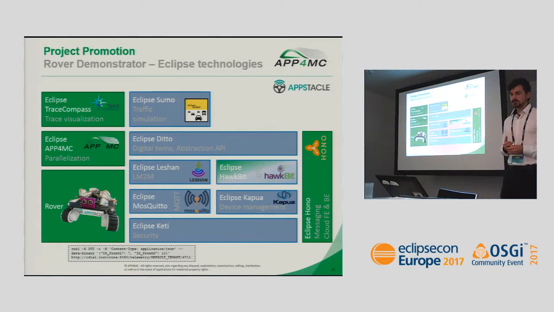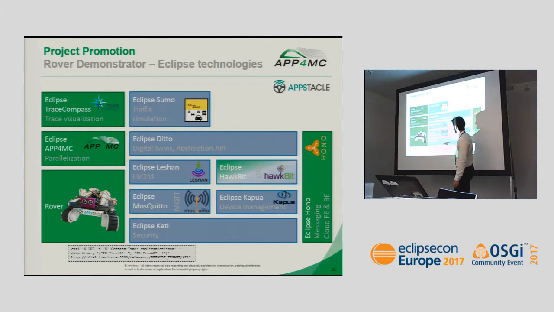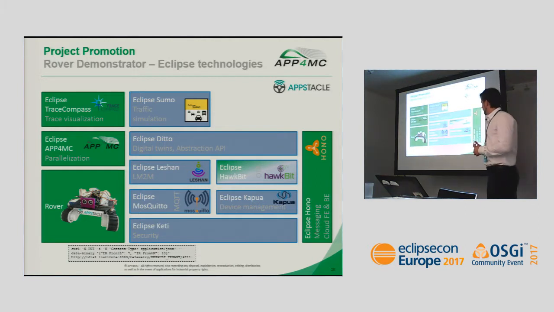The gray part is more the intention, and the white part is the technology. So Eclipse KT for security, Kapua for device management, Mosquitto for MQTT protocols, Eclipse Vorto for lightweight M2M management, Ditto for digital twins, and this brand new Eclipse Sumo for having traffic simulation, for example, running in the cloud, and then calculating how the rover can react to simulated traffic.